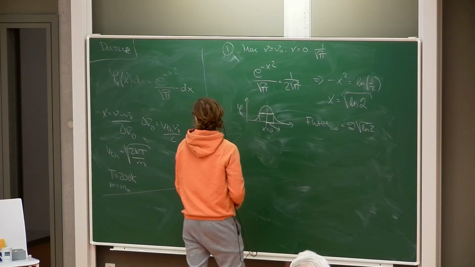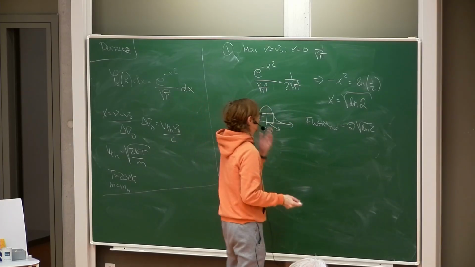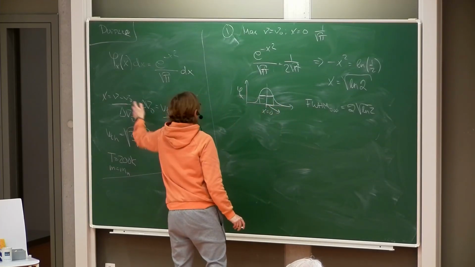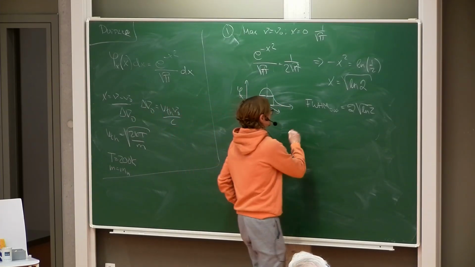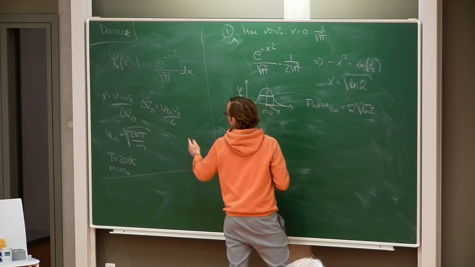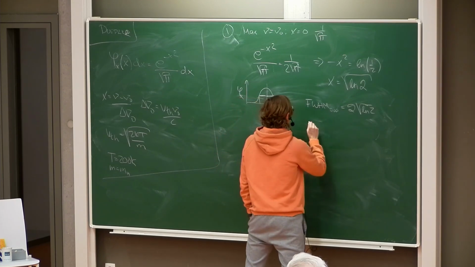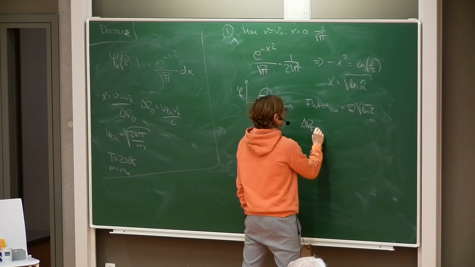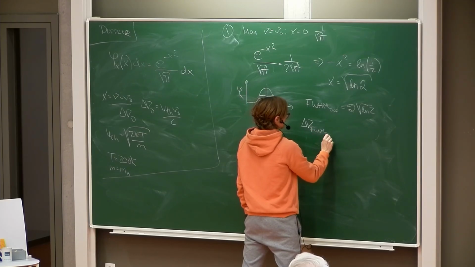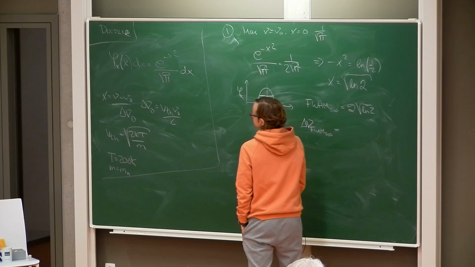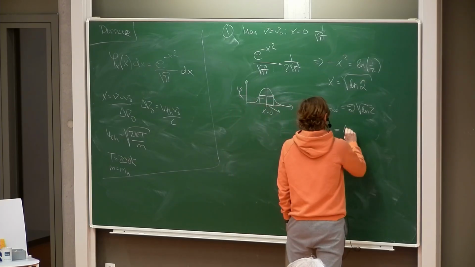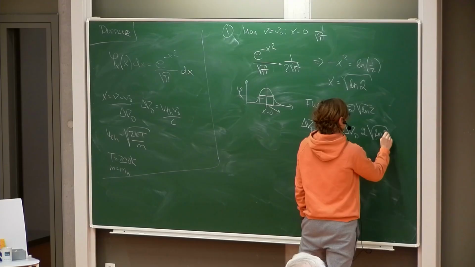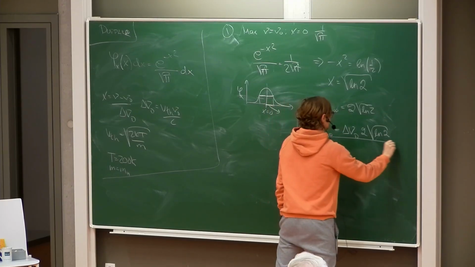If we want this in frequency space, which is normally what we want, then our delta nu for the full width half maximum of our Doppler line is just delta nu D times 2 times square root of ln 2.